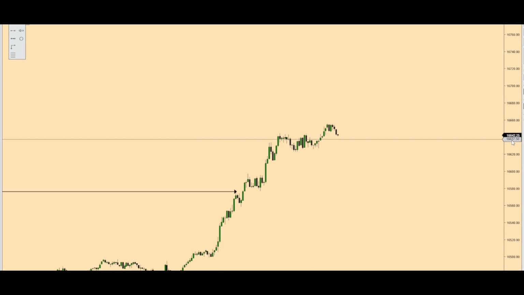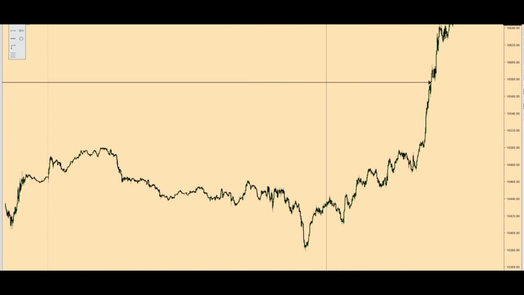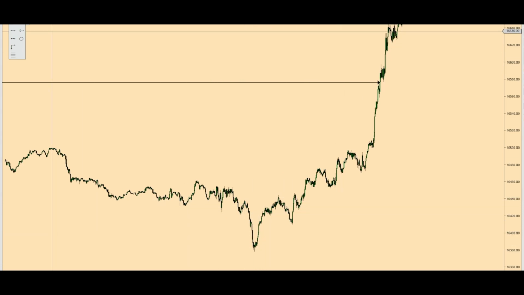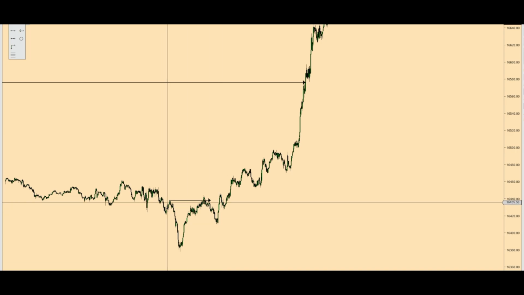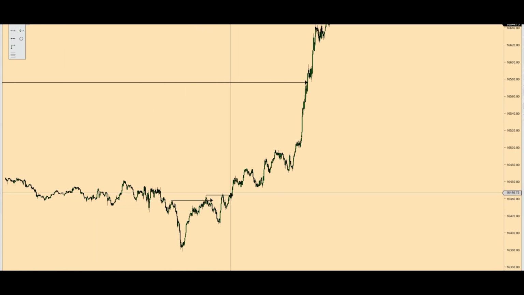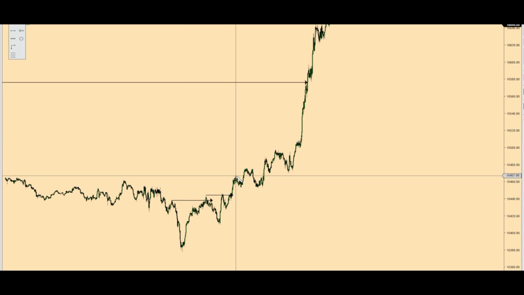But let's see. I also need to work on counting my swings and how to know if it reset. And you could really get lost in here because a lot of this stuff doesn't belong to the 1 minute time frame.